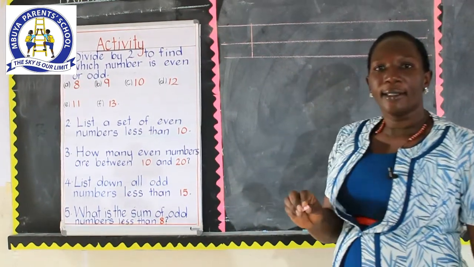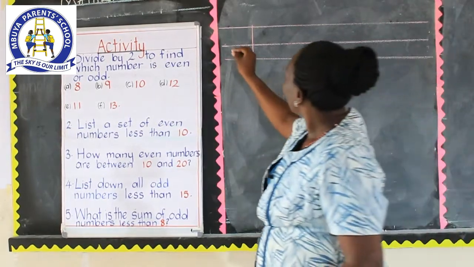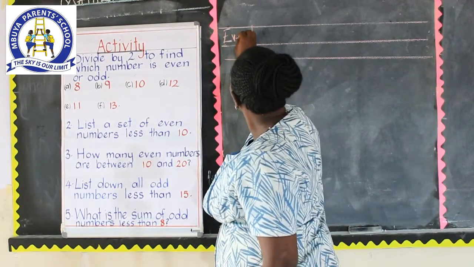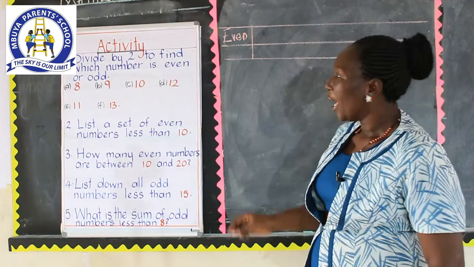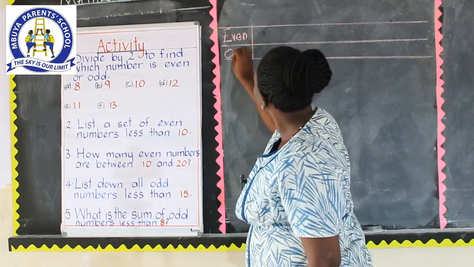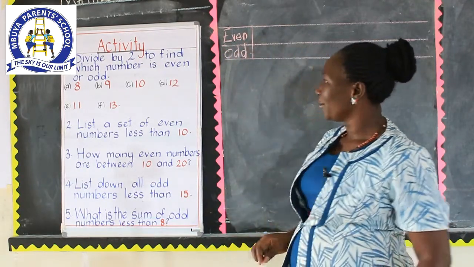And we said the even numbers take the upper part, and the odd numbers take the downer part.